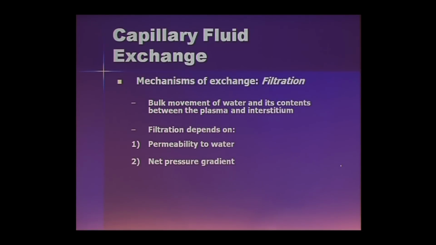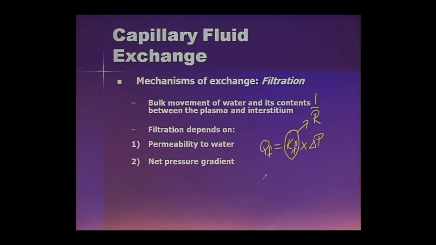If I were to write the formula for that, it would look something like this. QF, filtrational flow, depends on the coefficient of filtration times delta P, the pressure gradient. This is typically how physiologists go about it, although the coefficient is nothing else but the inverse of resistance.